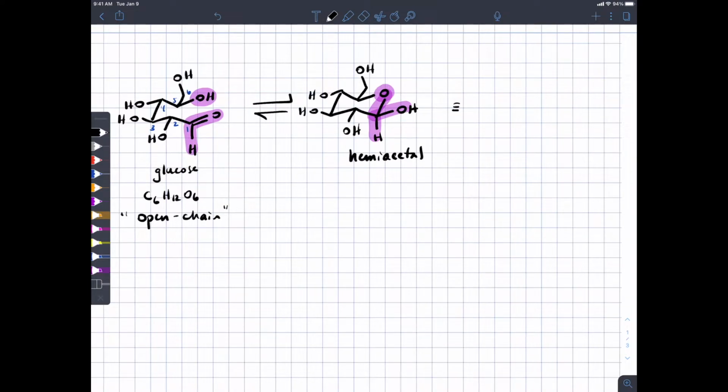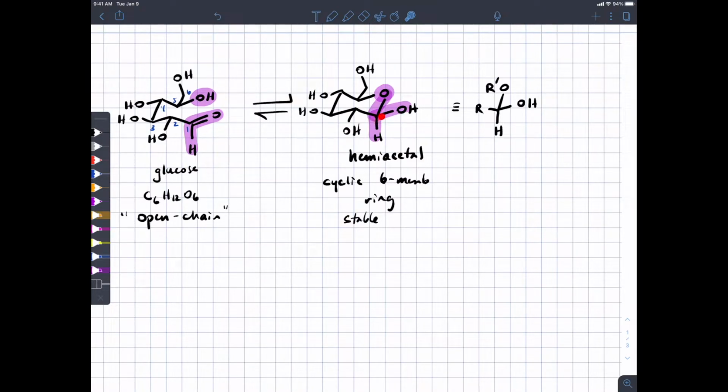Notice that if I draw the molecule this way, it suddenly looks a lot more friendly, right? That's a hemiacetal. Now, I told you hemiacetals are not stable, but this one can form a cyclic 6-membered ring. And therefore, its stability goes up, and it becomes the major product or the major form of glucose in aqueous solution.